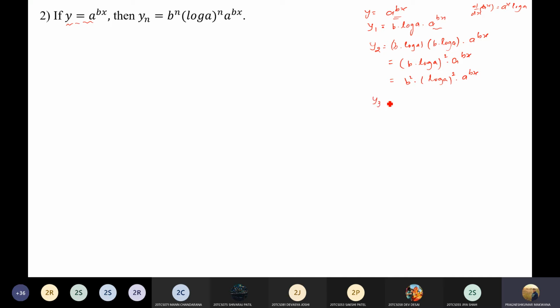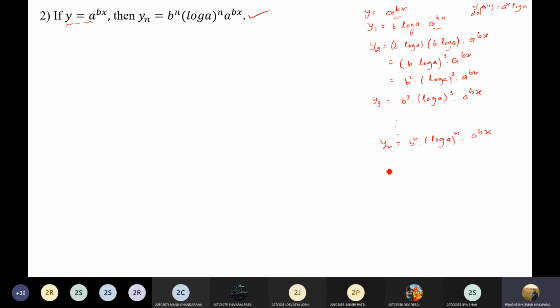Similarly, y3 is b cube into log a cube into a raised to bx, and yn is equal to b raised to n into log a raised to n into a raised to bx. So try to remember this second formula, the nth derivative of a raised to bx.